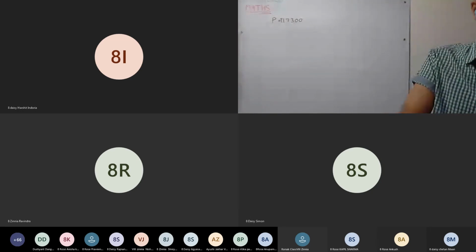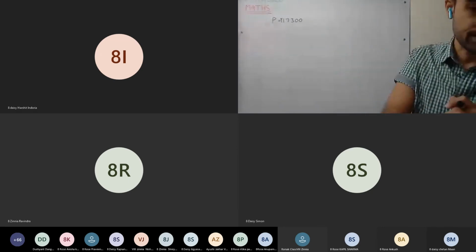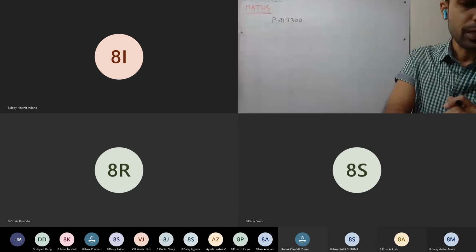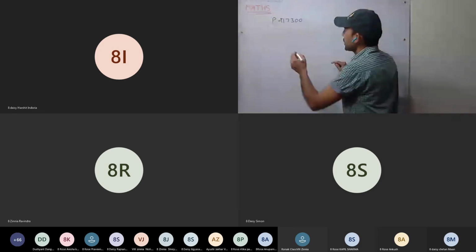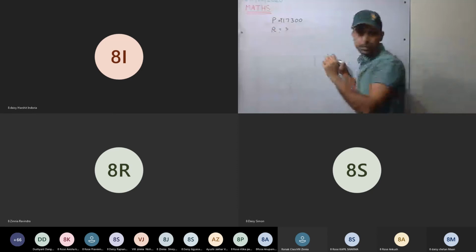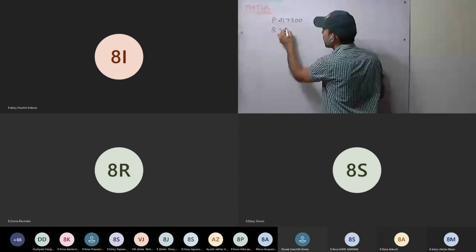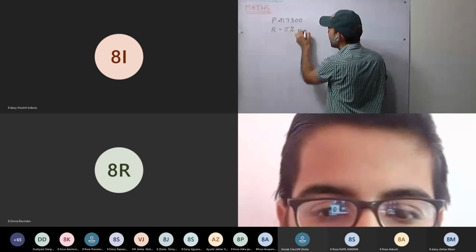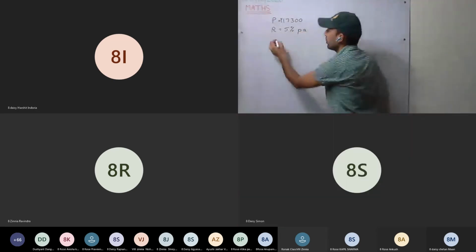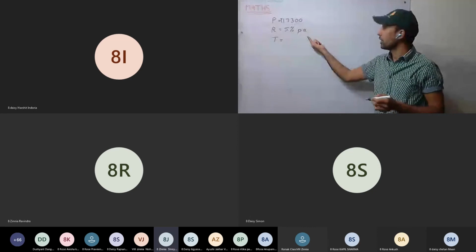From 28th January 2008 to 10th April 2008, at the rate of 5% per annum. So rate is 5%. Rate is 5% per annum, which means the time we require should be in years.